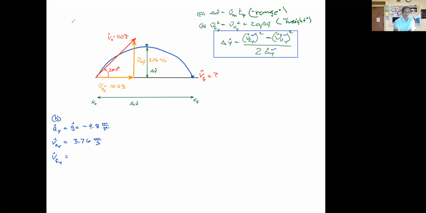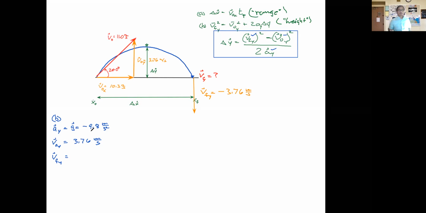Let's go ahead and draw that in. Would it be just the opposite direction of the initial velocity? And so therefore, we would say that the final velocity along the y right here should be negative 3.76. Okay? And voila, there it is.